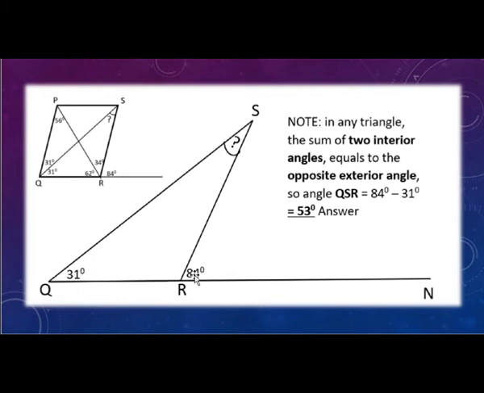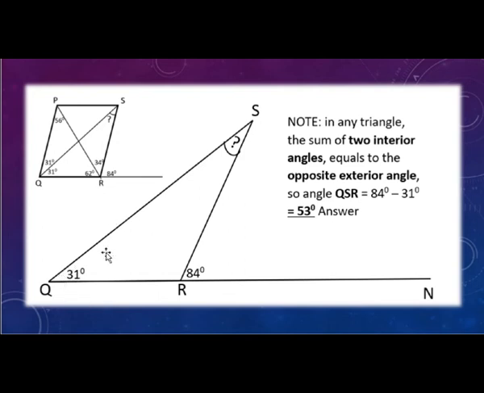So this exterior angle 84 is made up of this angle and the other interior angle here. So to get the remaining interior angle, we get this exterior 84, subtract 31 to get 53.